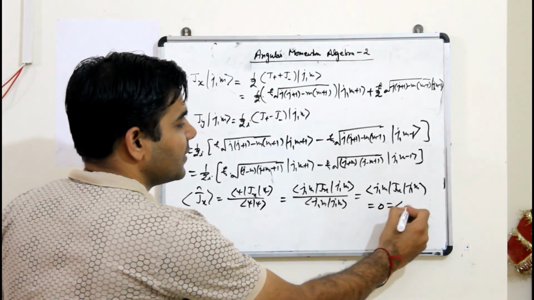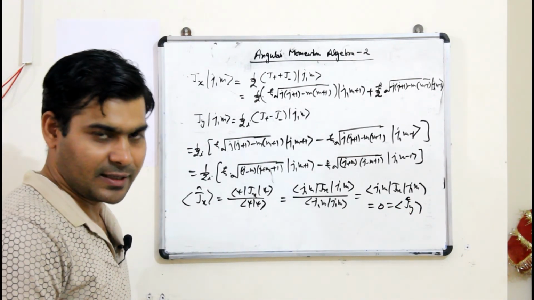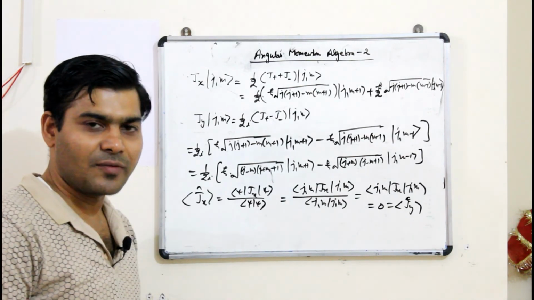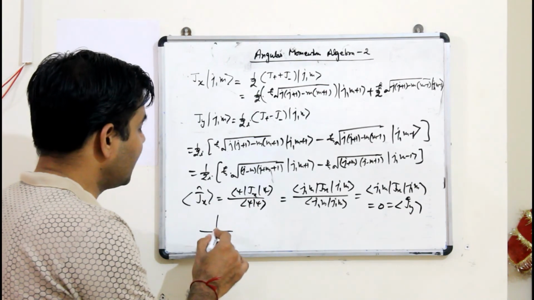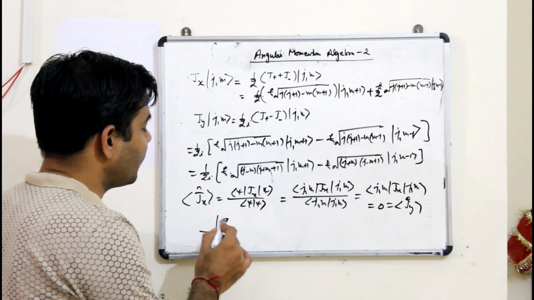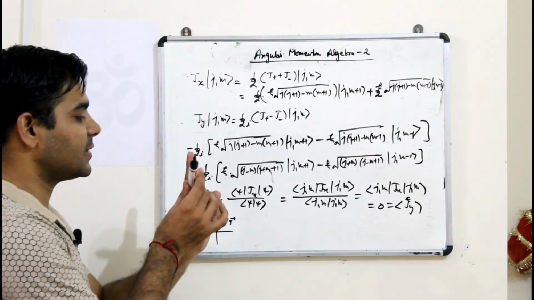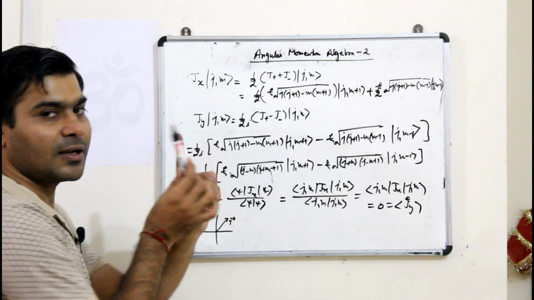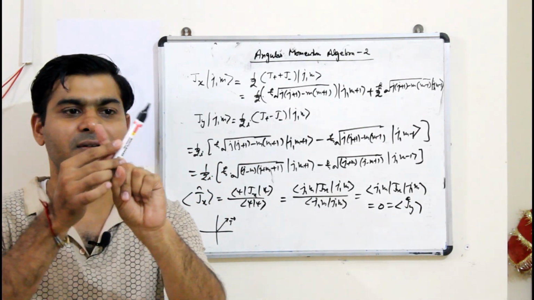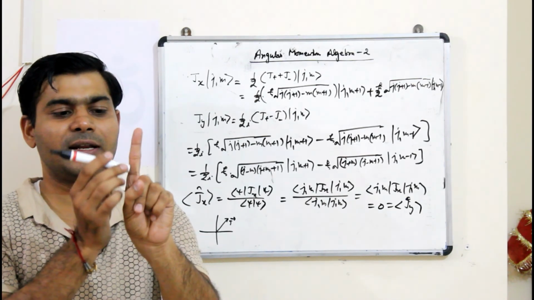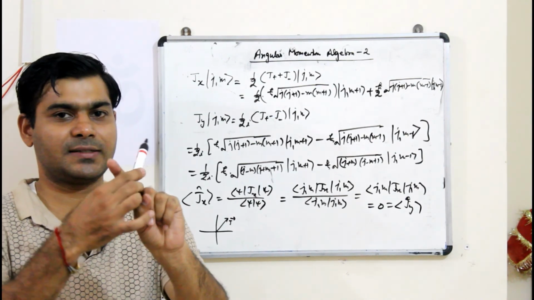Similarly, same story with Jy hat. So the expectation values of the Jx and Jy operators are 0, which is obvious and should have been the case, because we know from the vector notation of the angular momentum that the J vector, with the z-axis as reference, revolves in a conical shape, maintaining a constant angle with the z-axis, and it precesses around the z-axis like this.